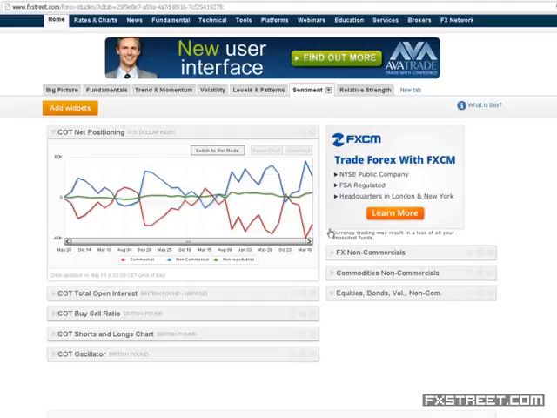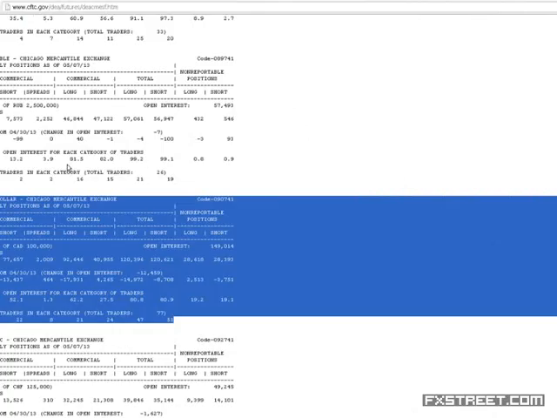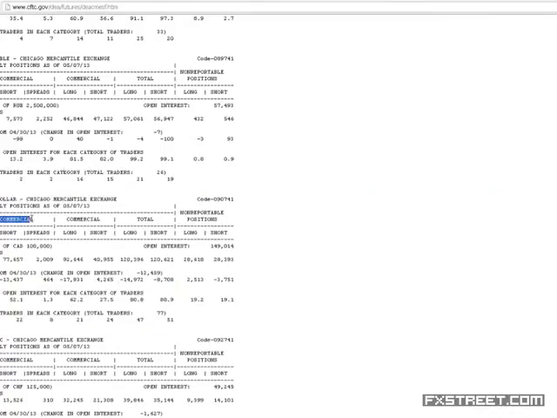The net positioning is perhaps the study that you will find where you can have CoT data. This is the chart that you mostly will find. This is the net positioning, basically the difference between the short and the long, here looking at non-commercials in the Canadian dollar.